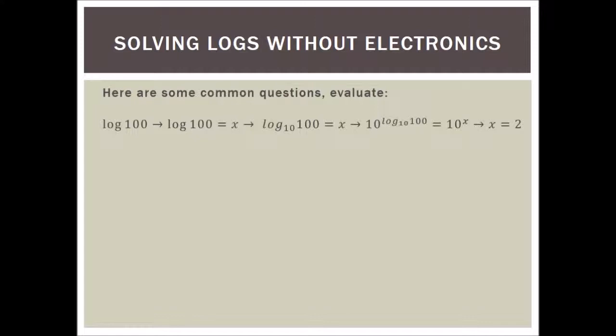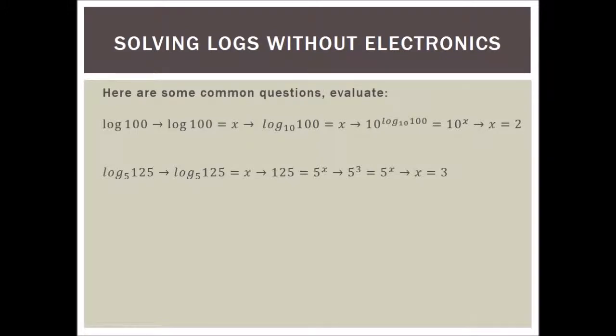I know that looks complicated, but really all that's going to happen is the log base 10 and the 10 are going to cancel out. And then you take the x and make that the exponent base 10. So the question you ask yourself is, 10 to what power gives you 100? And hence we get our final arrow, which is 2. 10 to the second power gives you 100.